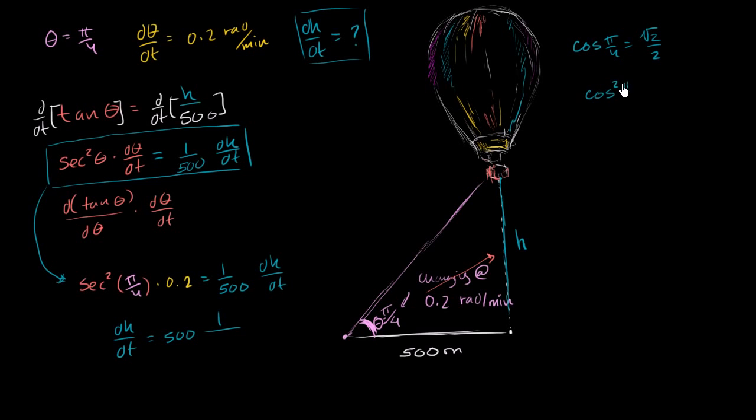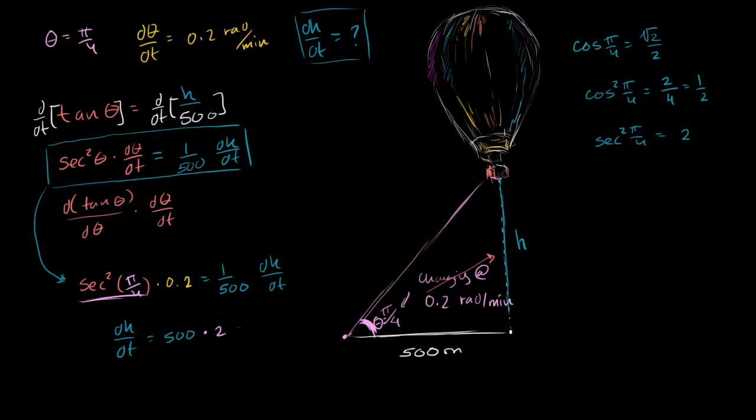Cosine squared of pi over 4 is going to be equal to 2 over 4, which is equal to 1/2. And so secant squared of pi over 4 is just 1 over that, which is equal to 2. So let me rewrite this: secant squared of pi over 4, all of this business right over here, simplifies to 2.